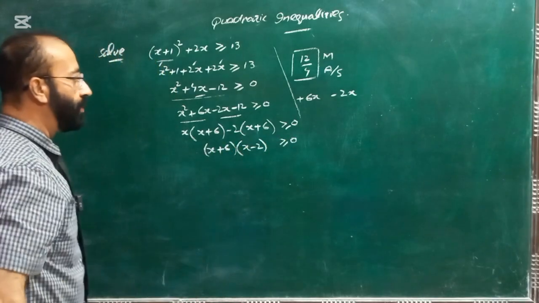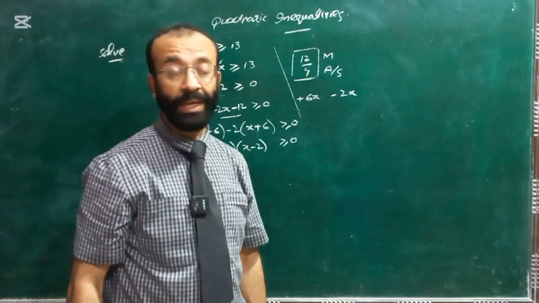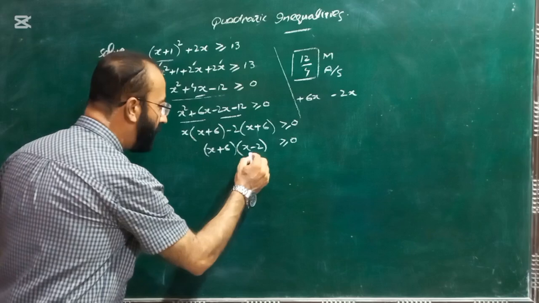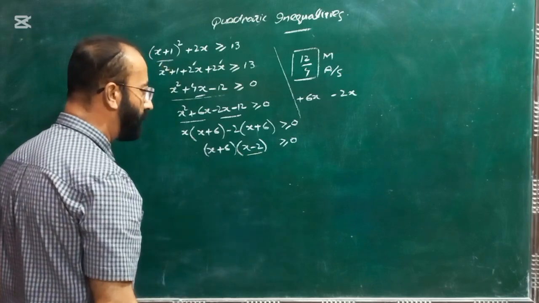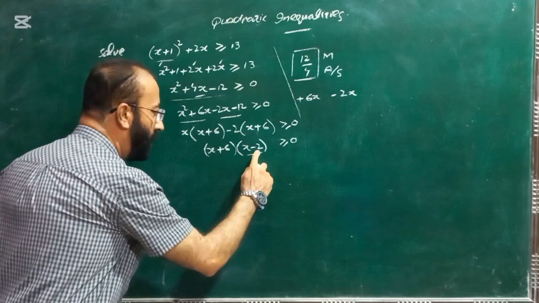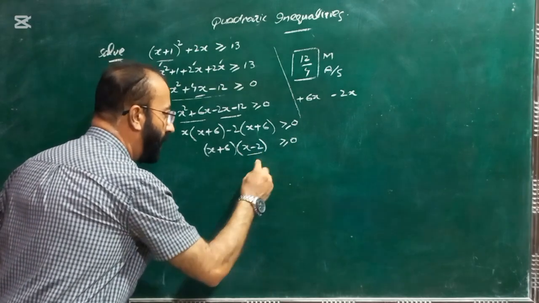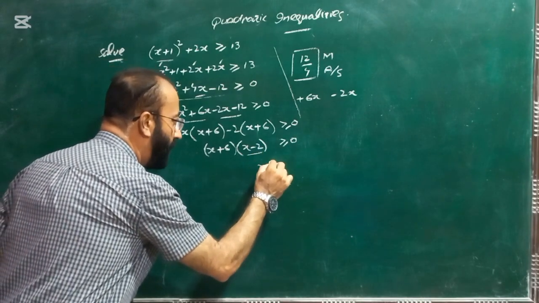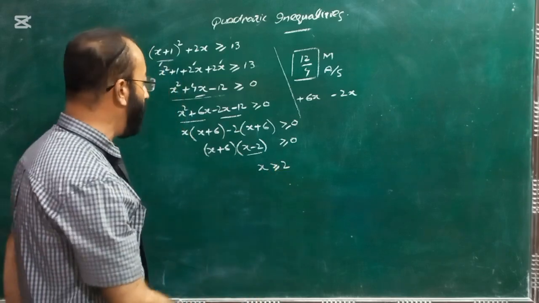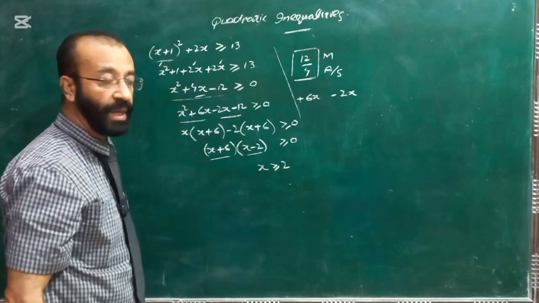Okay, at this step I'm going to tell you a very simple method. The bracket with the minus sign is going to be solved first. So look now, −2 will go to the right hand side, so x will be greater than or equal to 2. But be very careful with the bracket which has the positive sign.